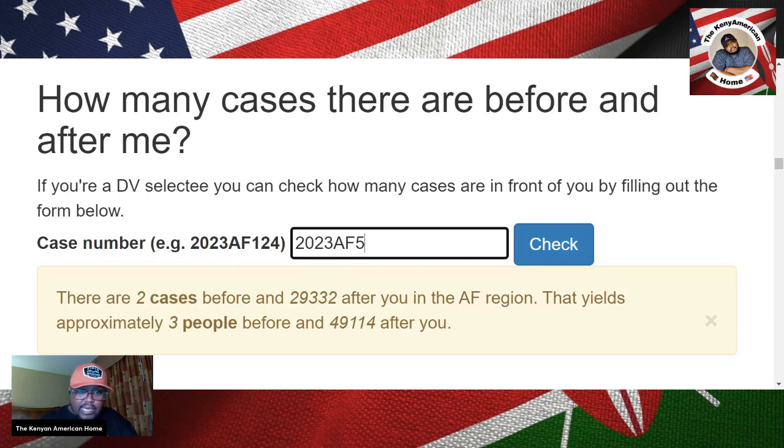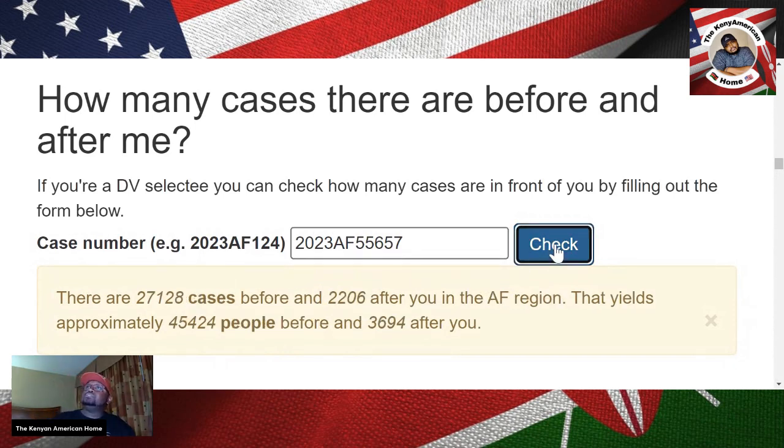All right, let's look at another number. Let's look at a really high number. We saw the visa bulletin talk about 60,000 as the cutoff for May. Let's look at 55,657 for Africa.